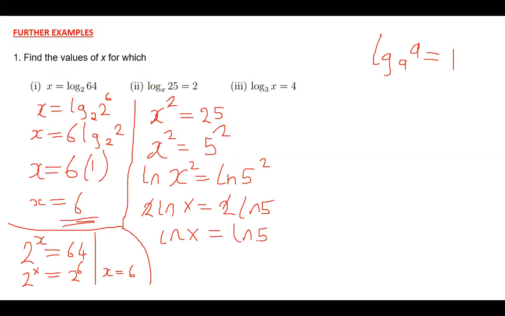So from here, now the other thing that we can do, some people say if you want, you can just cancel this ln and that ln, though it's not necessarily called canceling.